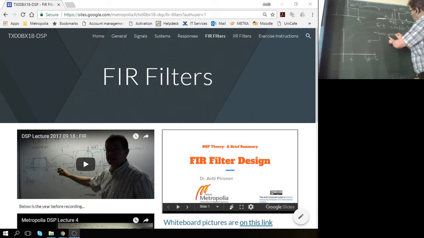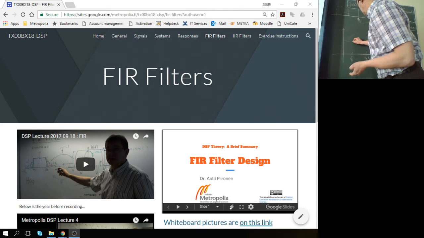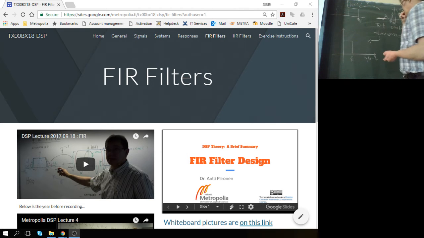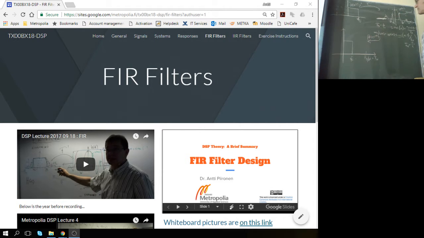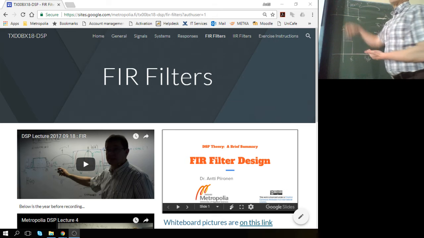This is a multiplication in time. Multiplication in time is the same as convolution in frequency. So if I plot this part, on frequency space it's a box, exactly that same box.